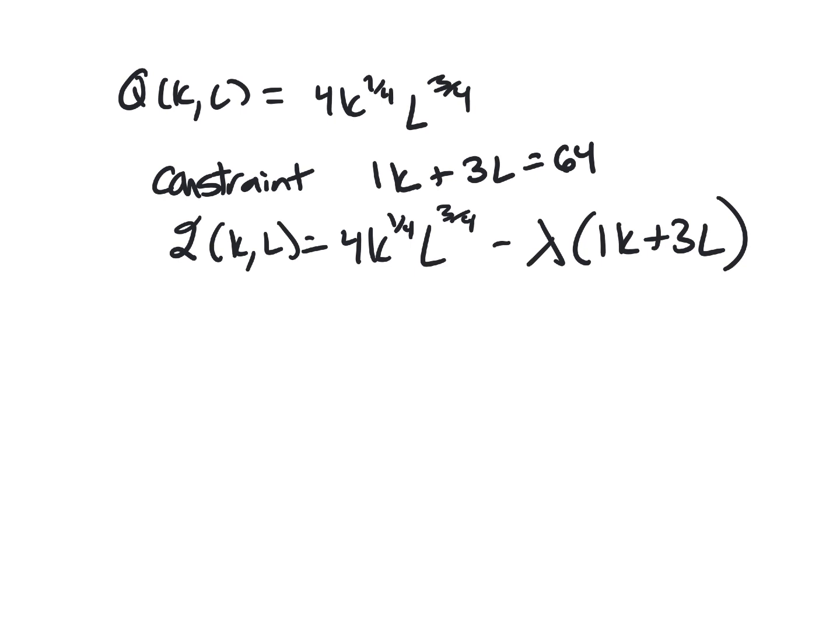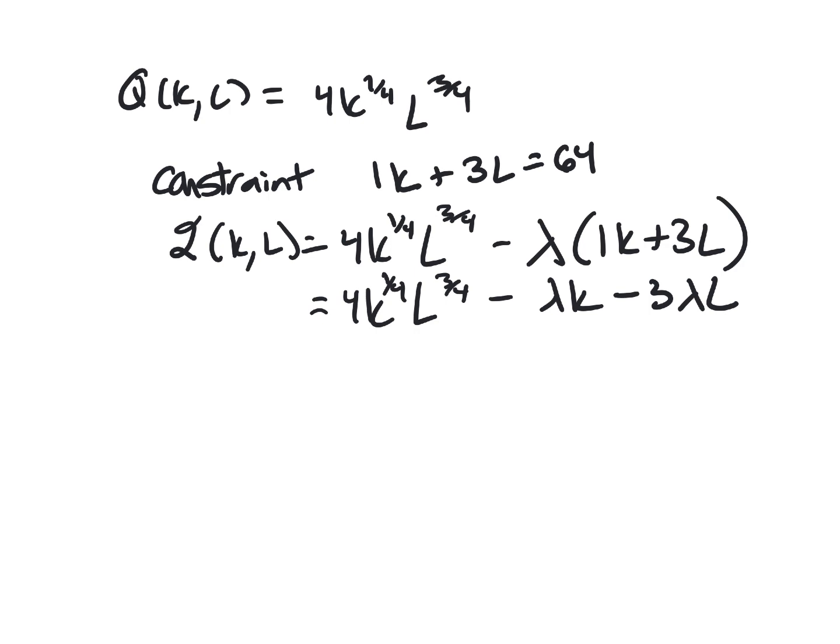Okay, so then if we want to distribute this piece, it's just minus lambda K plus 3, not plus, got to distribute by negative, minus 3 lambda L. Okay, so maybe I'll just write the whole thing again, 4K to the 1/4, L to the 3/4.